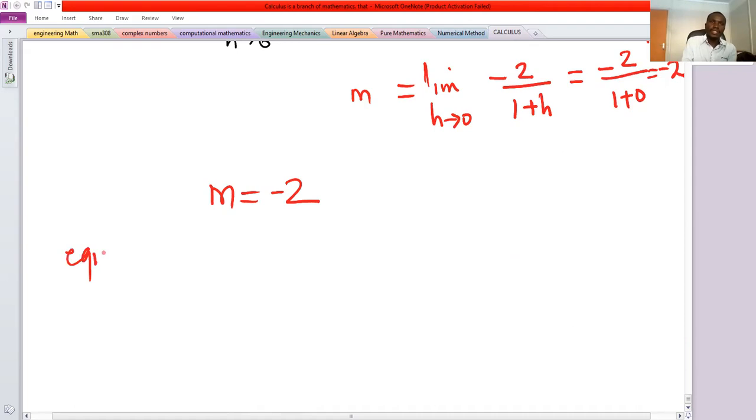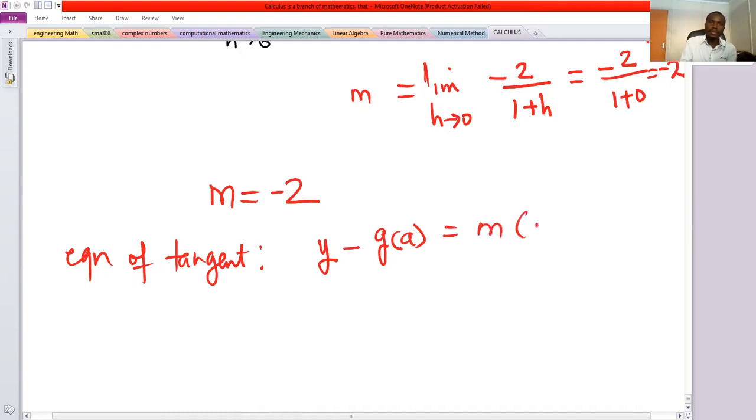So the equation of the tangent is given by y minus g of a equals m into x minus a. A in this question is 3, so we'll have y minus g of 3 equals m, which is minus 2, times x minus 3.